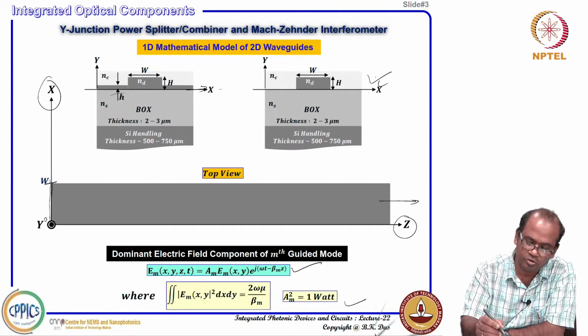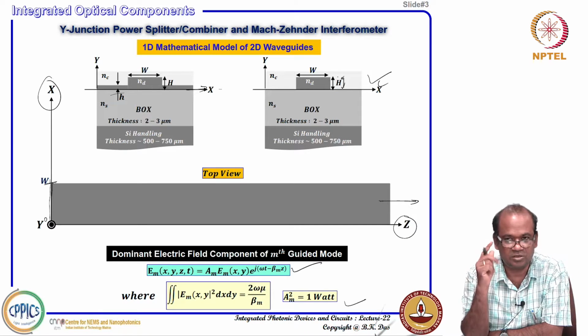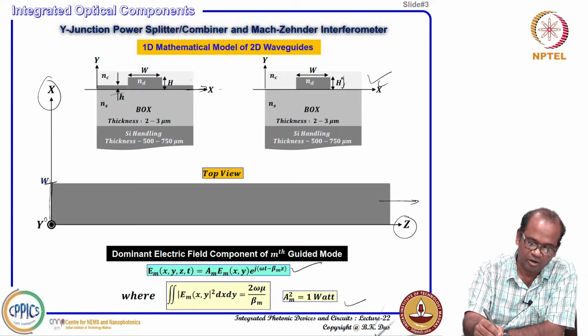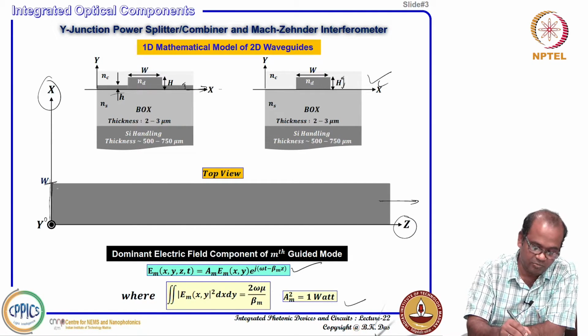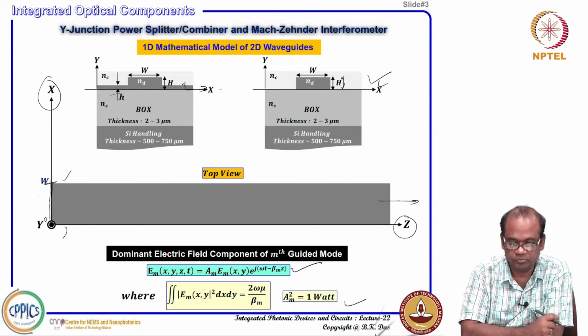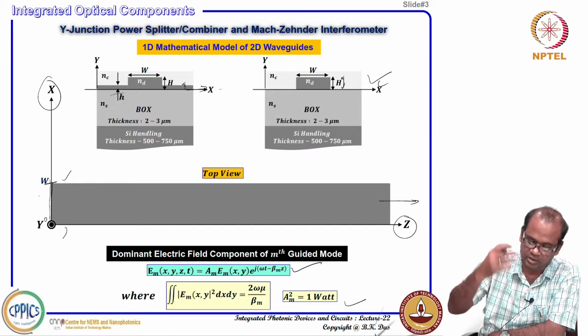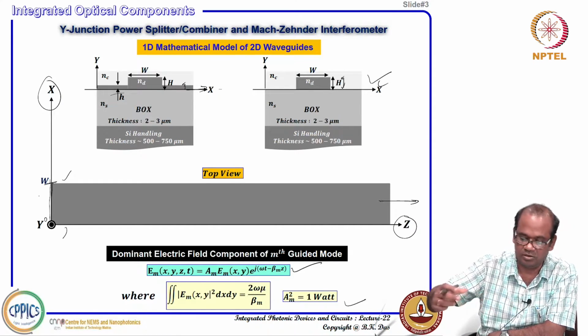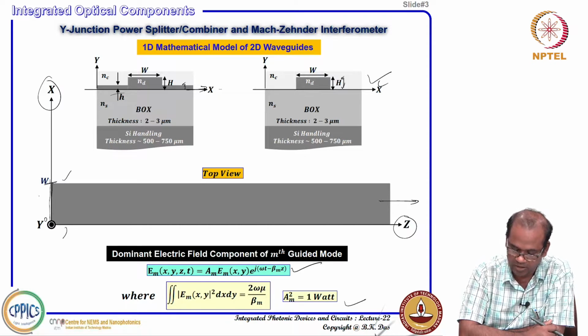Also we should keep in mind that the device layer thickness is a fixed parameter that depends on the silicon on insulator wafer you are buying, typically 220 nanometer, and of course, you can leave some small h slab height, and that we are not picturizing here; we are just considering only the width w in the top view. When I see the top view, that means I am just talking about the top pictorial scheme. Fine.